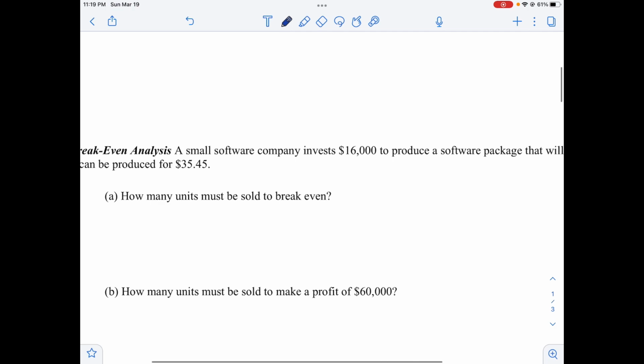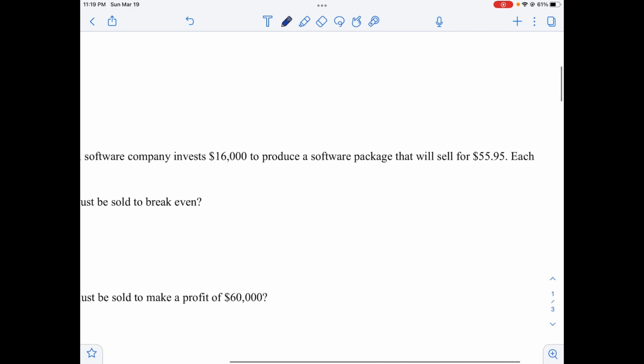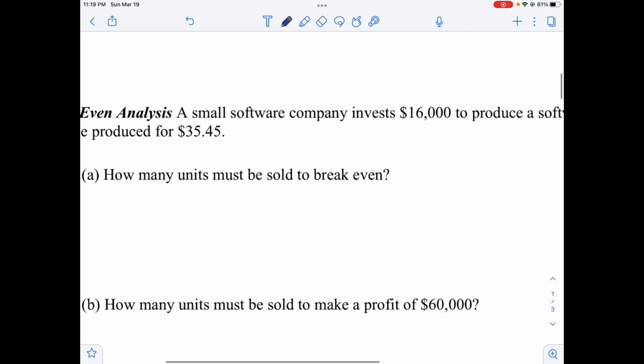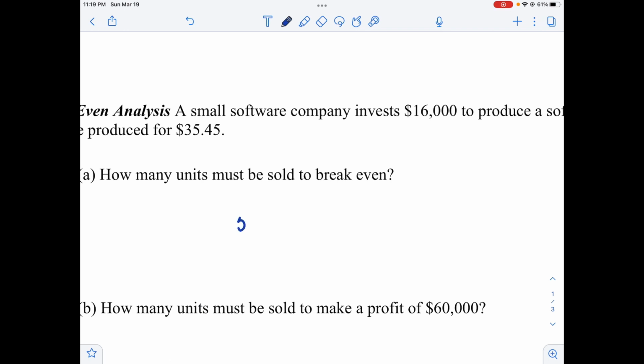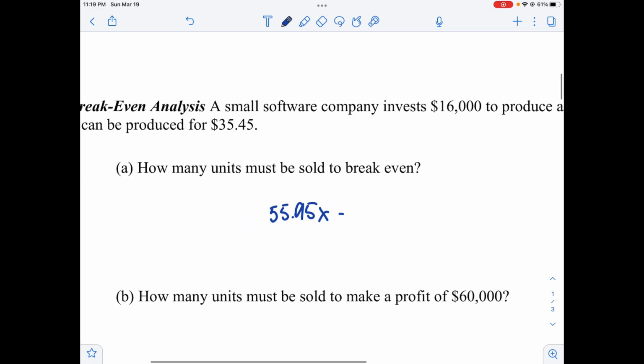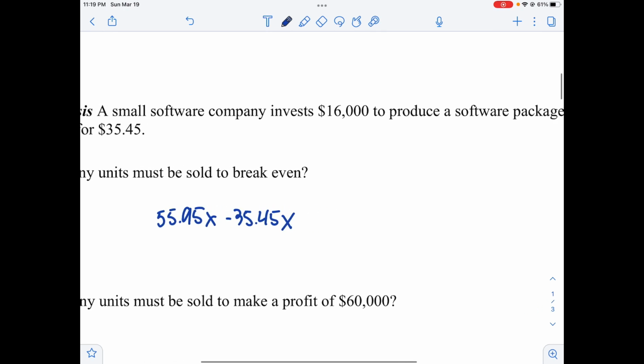What we're going to do is take the value that it sells for, $55.95, so we're going to do 55.95x minus what it's produced for, which is $35.45, and that's also x. We set that equal to $16,000 because that's our total.